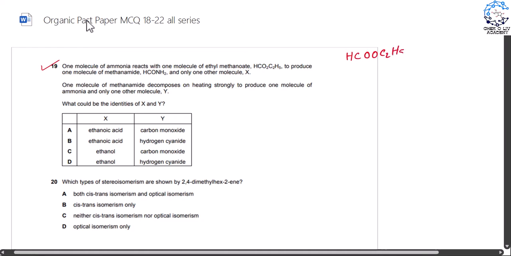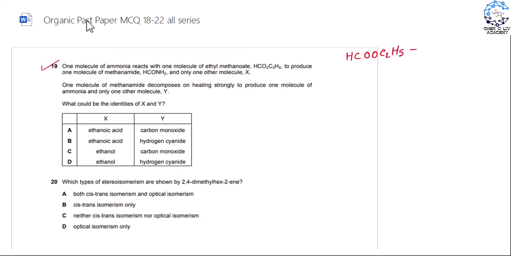HCOOC2H5 is going to react with one molecule of ammonia, NH3. One of the products formed is HCONH2. So what will be the other product?